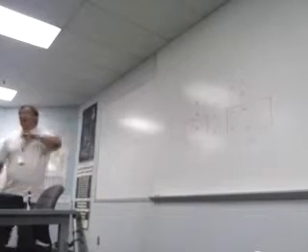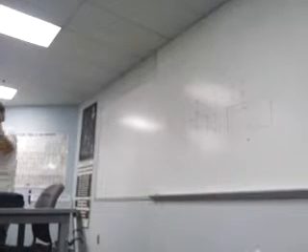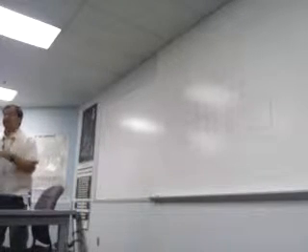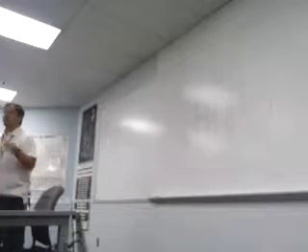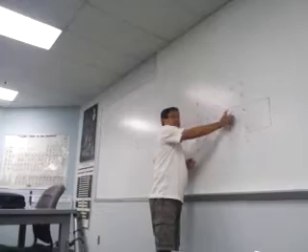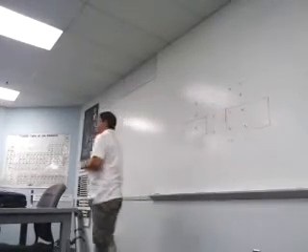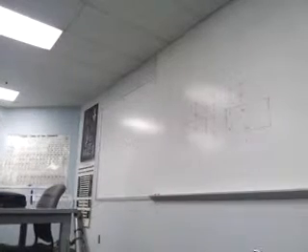So does it want to create field lines in the same direction or the opposite direction? Same direction. It needs to create field lines in the same direction because it wants to keep the flux the same, but the flux is going up or down? Down. So I have to create field lines that go into the board in this case. Everybody with me? So in that case, the current's going around in that direction.